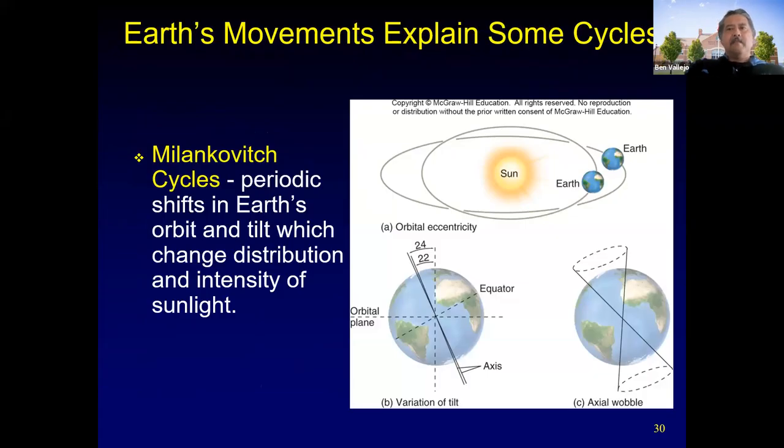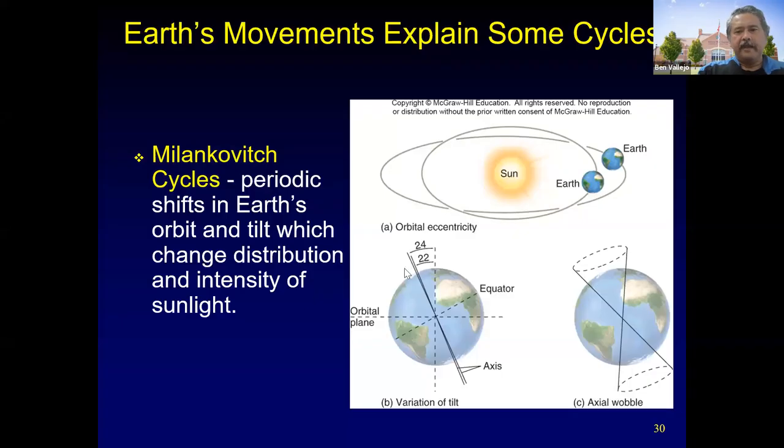All righty. This is called the Milankovitch cycle. As we take a look at this, you can see in the picture that the Earth is not always at a 22 and a half degree angle, but the axis sometimes goes to 24, so it has a little bit of a wobble to this tilt.